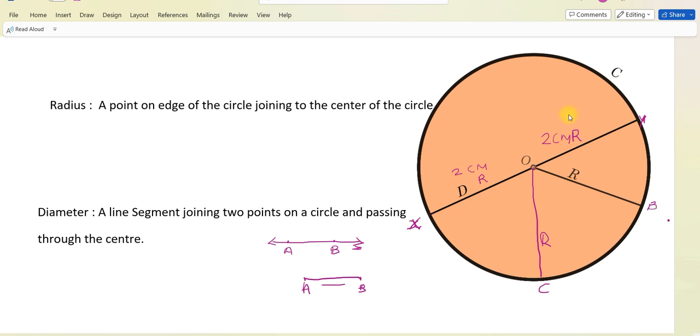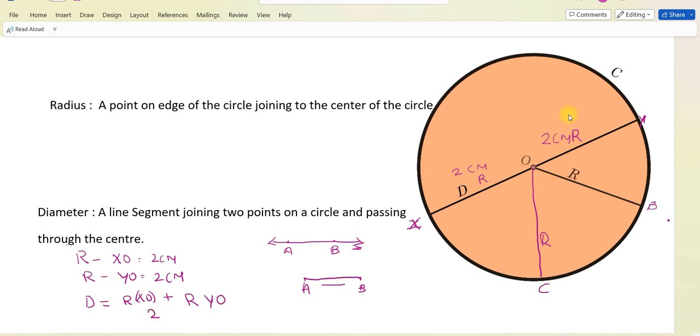So if you want to find the diameter of this particular example, the radius XO is 2 centimeters, and the radius YO is also 2 centimeters. The diameter will always be radius XO plus radius YO.